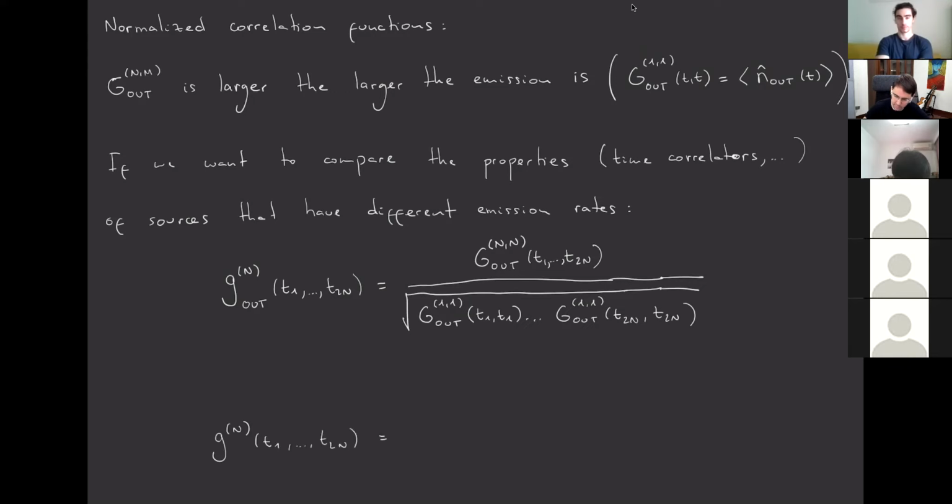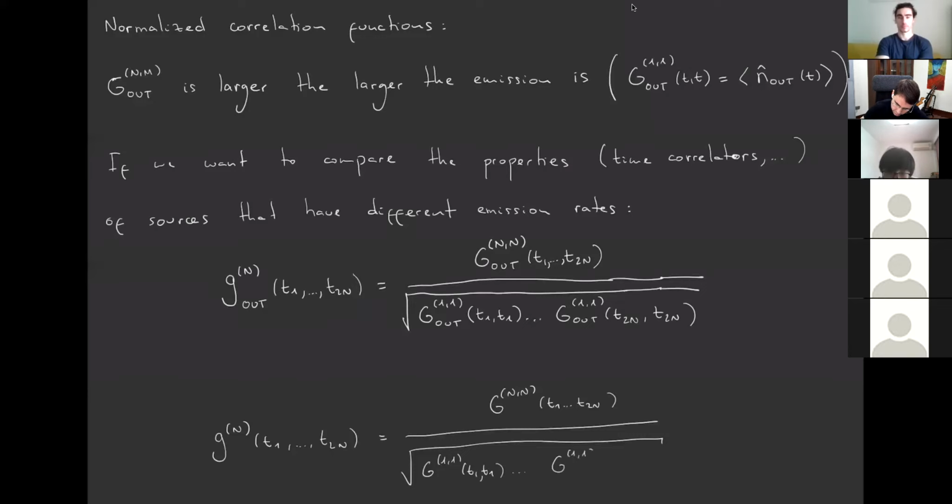So exactly the same kind of expression, but removing the out label. So let me write it down. So we will have this, and then we normalize it to the corresponding intracavity correlation function.